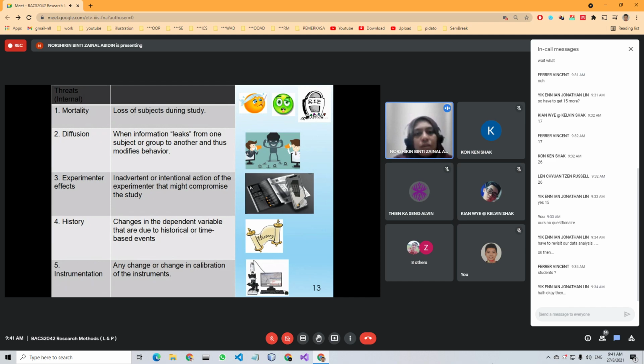Next to mortality, this one is diffusion, when information leaks from one subject or group to another, thus modifying behavior. As you can read here, that means the behavior is affected due to another subject or another group. And then experimental effect, inadvertent or intentional action of the experimenter that might compromise the study.